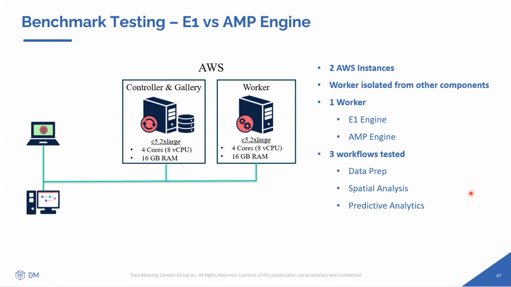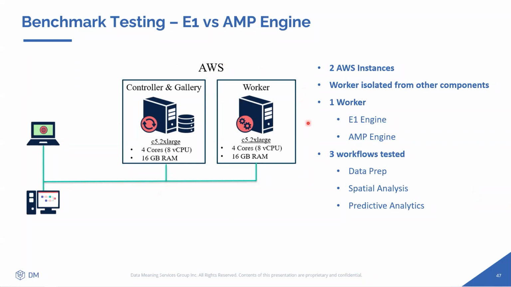And the main difference is that the AMP engine uses multi-threaded processing. So it actually runs on more cores. All the cores that you have there, the AMP engine will be using. So the test here is much simpler, but it's one idea for you to have when you are thinking about using the AMP engine in your own environment.